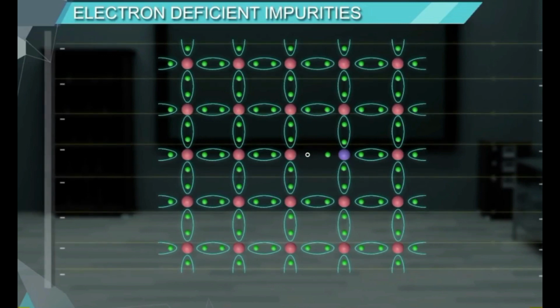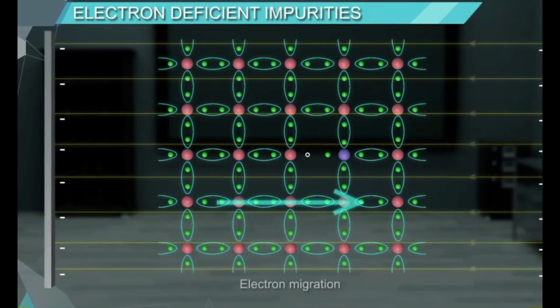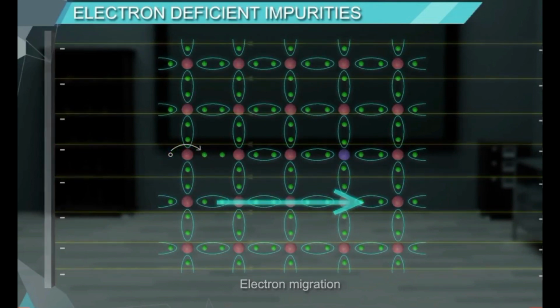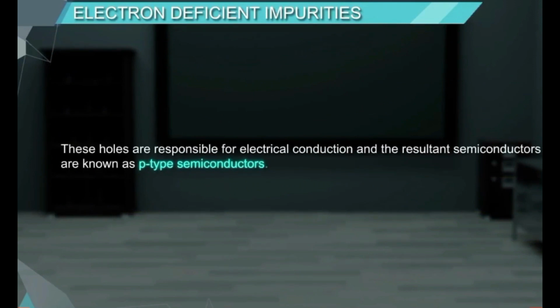When an electric field is applied, electrons migrate towards the positive electrode by filling the holes, making it appear as if electron holes are migrating towards the negative electrode. These holes are responsible for electrical conduction, and the resultant semiconductors are known as p-type semiconductors.